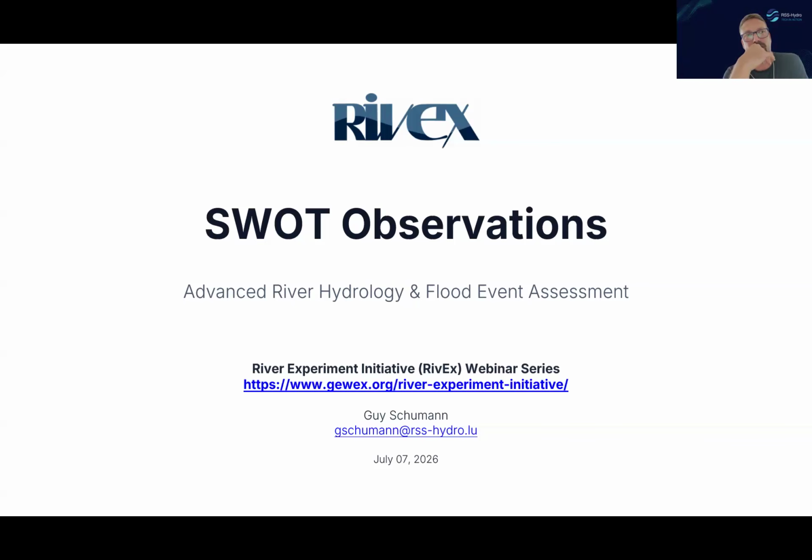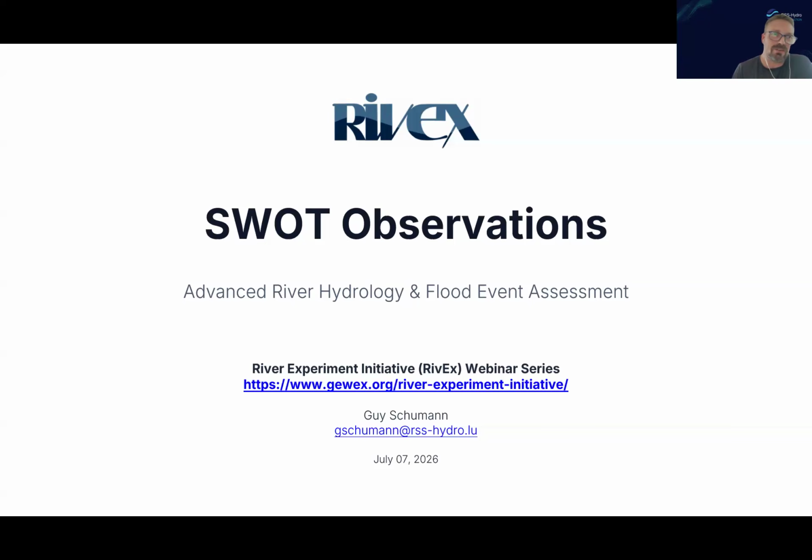And I sat there going, what do you mean? That's why we need SWOT. Now you're asking me to simulate those, but I'm actually waiting for the mission to give us those.